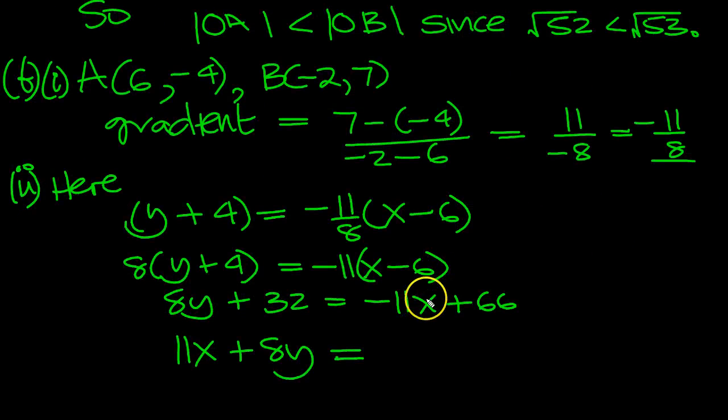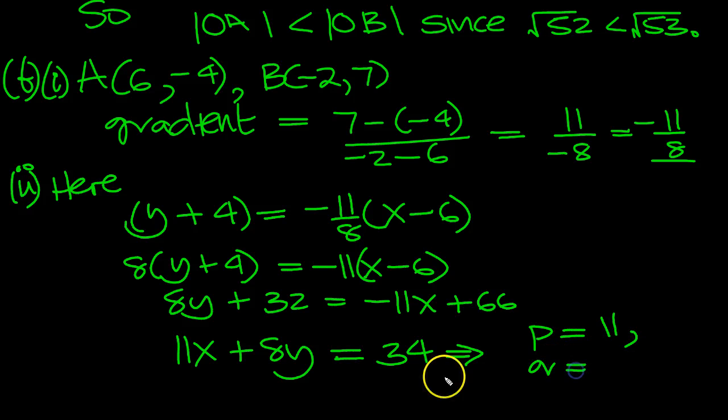So that's why we moved the 11x over here to plus 11x. 8y is already there, and equals r, so move this 32 over. 66 take away 32 is 34, so that tells us that p is equal to the number of x's, q is equal to the number of y's, and r is equal to the value here, 34. So 11, 8 and 34. Part C now.